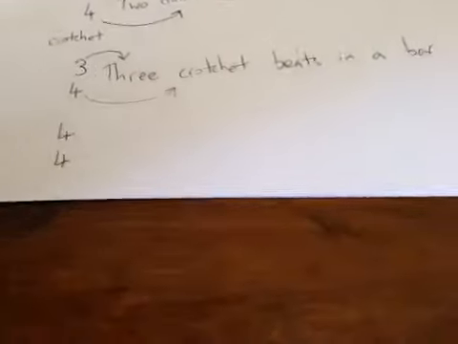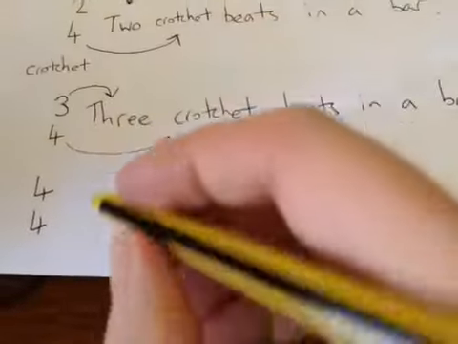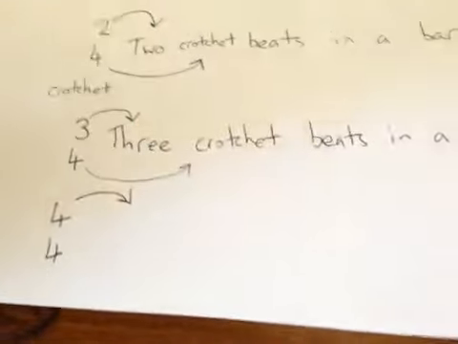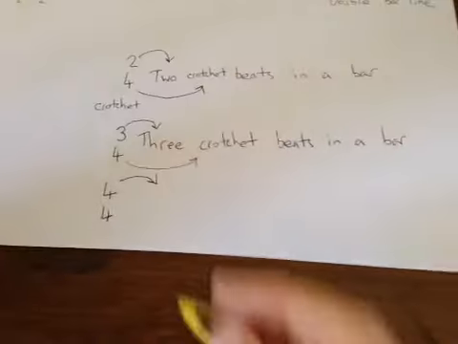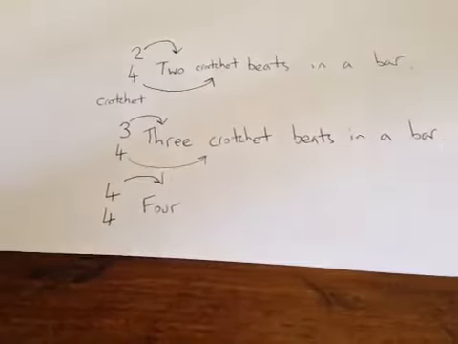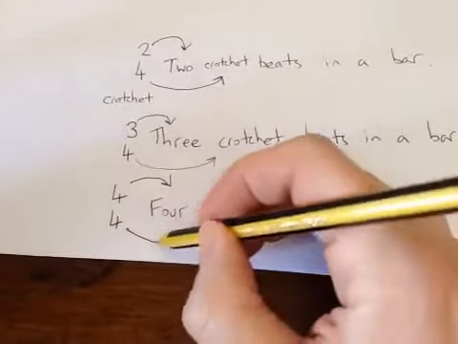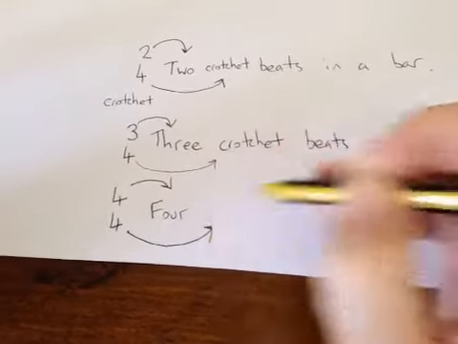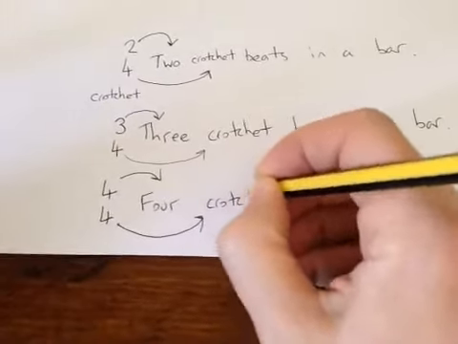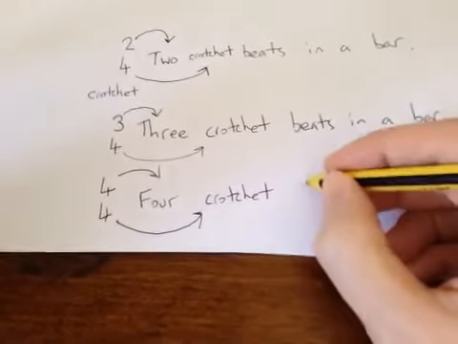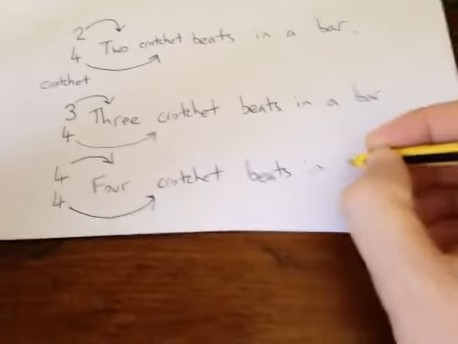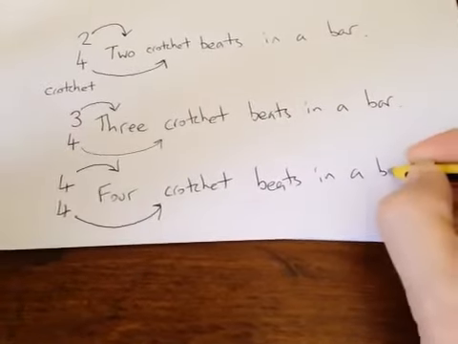Let's do it for 4/4. The top number just means 4, so we can simply write in 4. The bottom number, I think you're getting used to this now, is just a code number, which means crotchet, and then we finish off with beats in a bar.